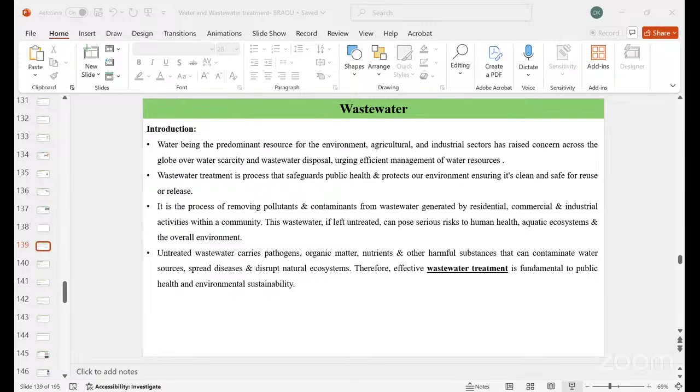Indicator organisms like fecal coliforms, that is Escherichia coli, are mainly used to indicate the potential presence of fecal contamination and pathogens. The measurement method is most probable number or membrane filtration. And then specific microorganisms: analysis for specific types of bacteria or other microorganisms may be necessary depending upon the source of wastewater.